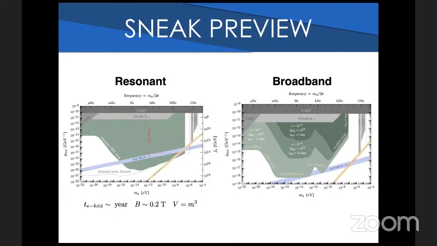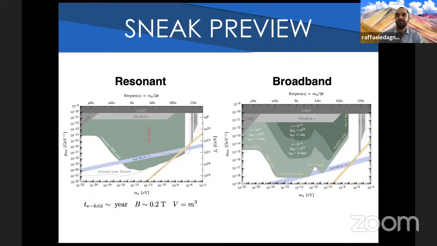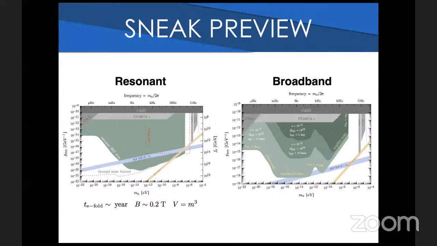Okay, so I have a second question. For smaller axion mass, you have to fine tune the cavity size very finely, right, to obtain the resonant mode? Yes.